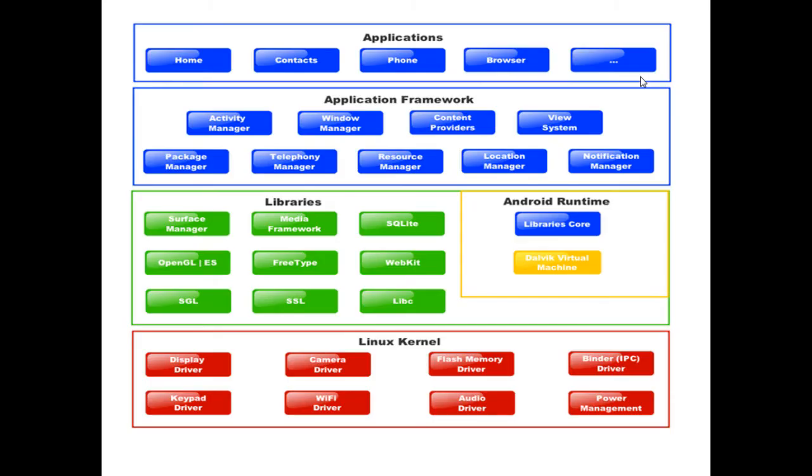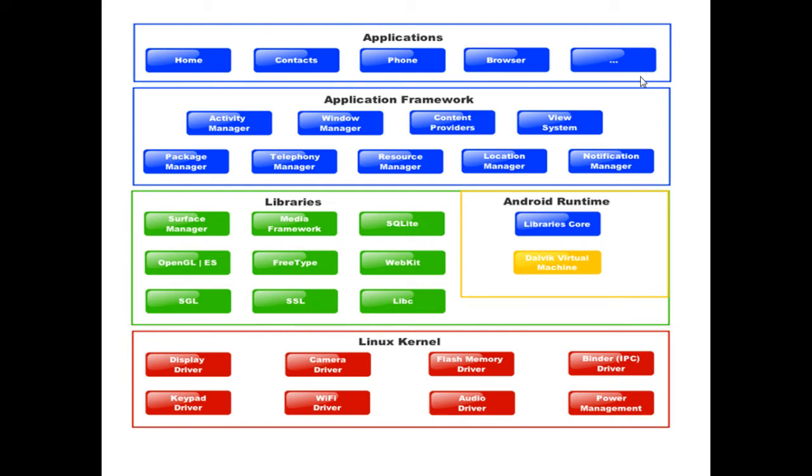Okay. If we elaborate the first diagram, we can go into the details of all those layers. Start with the application layer. You can see home, contact, phone, browser. When using an Android mobile phone, you must have seen these applications, which we directly use.